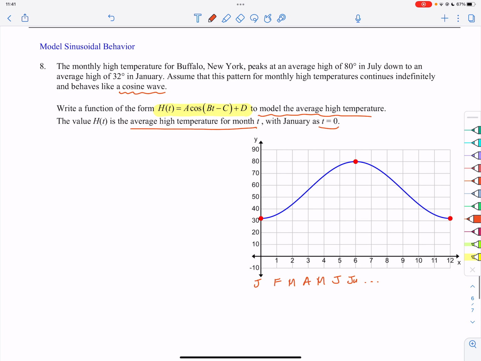Just looking at that graph, what do you notice? Our amplitude is always half of the distance between our high and low. So we have high minus low divided by 2. And as you can see, 80 is the high and 32 is the low. And they actually gave that to us. And that's equal to 24.